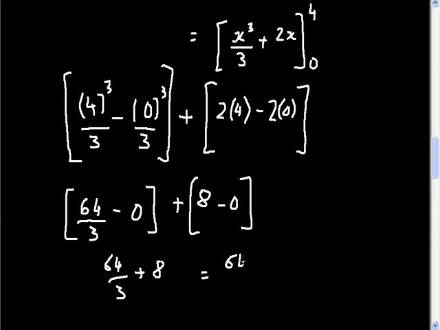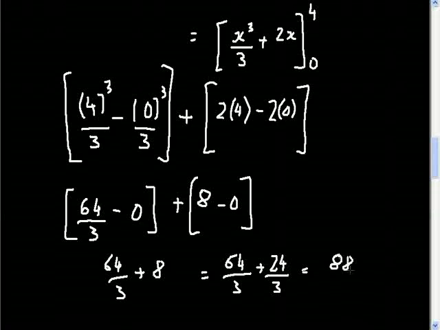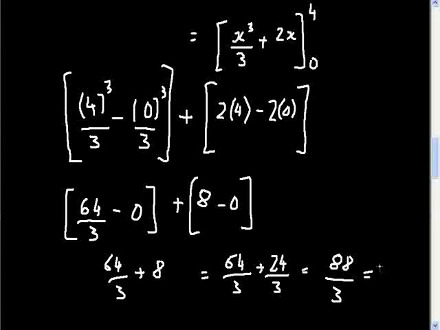So the answer, I'll have to leave that in a fraction, okay, because I'm going to get an awkward value if I'm trying to get a decimal answer. That's 88 by 3. If I were to write that as a mixed fraction, it's 29 and 1/3.